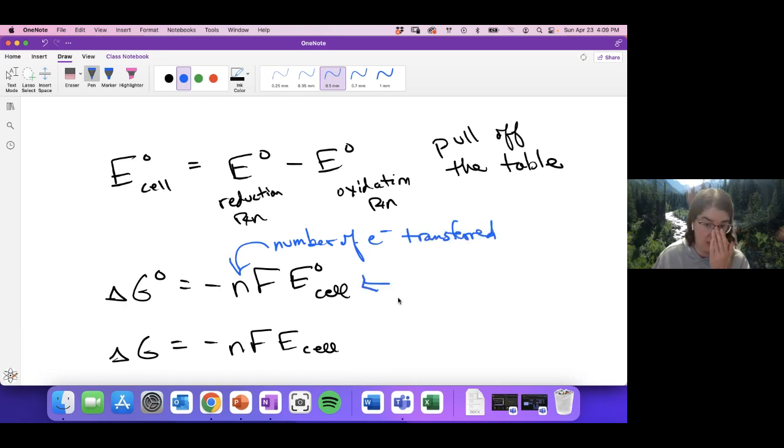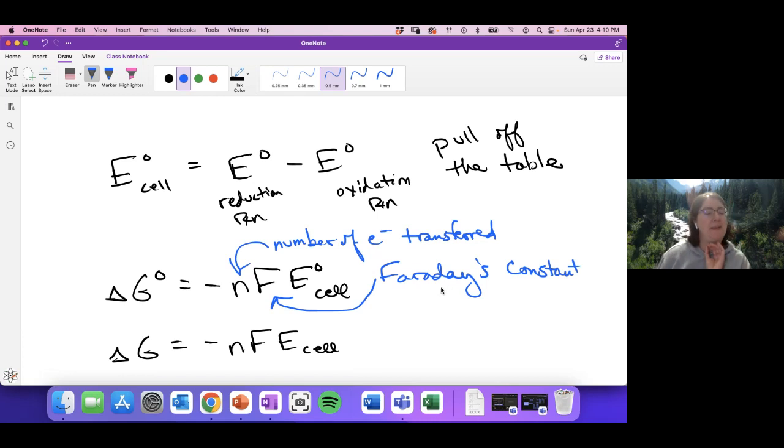And E-cell standard, we'll talk about that later, sorry. F is Faraday's constant. When you see Faraday's constant, depending on the textbook, this is either a capital F, sometimes a fancy capital F. Also, sometimes if I'm feeling fancy, I will write it in cursive.